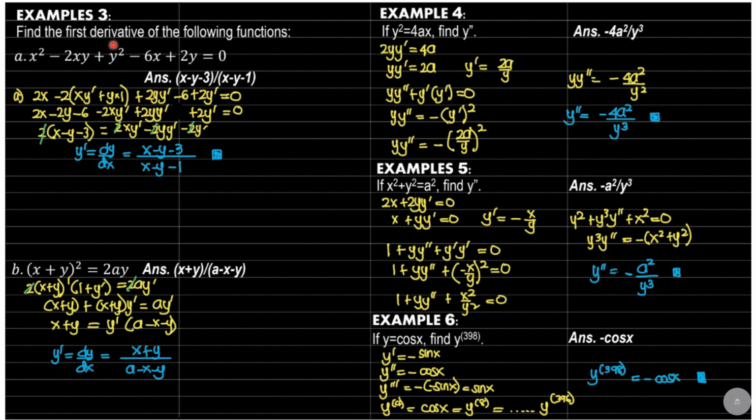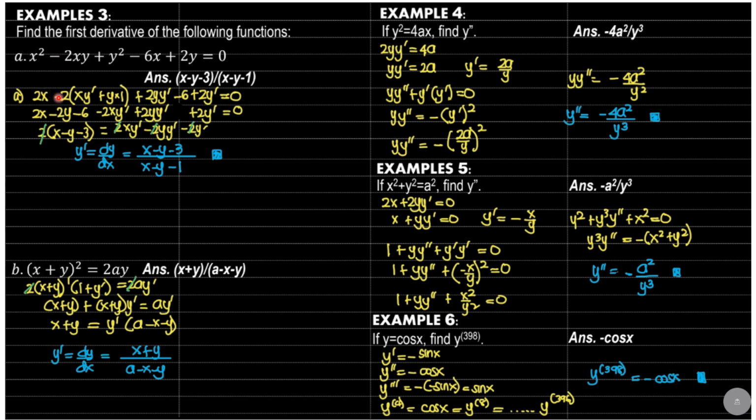Example 3, find the first derivative of the following functions. These are implicit functions wherein the dependent variable is not expressed directly in terms of the independent variable. So we just differentiate each term and take note that the derivative of y is y prime. So derivative of x squared is 2x.